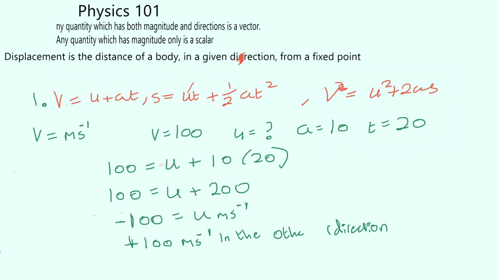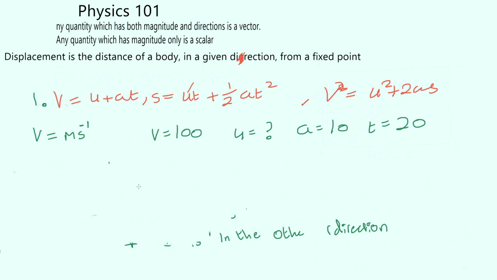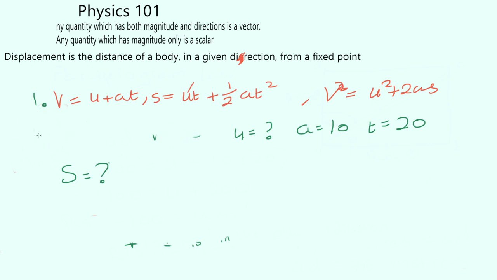Okay, now let's get the rubber, and we're going to do two other equations. So I'm going to rub this all out. Now let's say if we wanted to find a value s equal to question mark, and if we had all our other numbers, like if we had our u as 100 and our t equal to 10 and our a equal to 20.